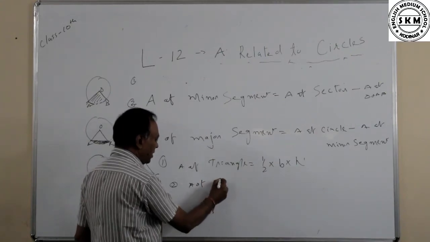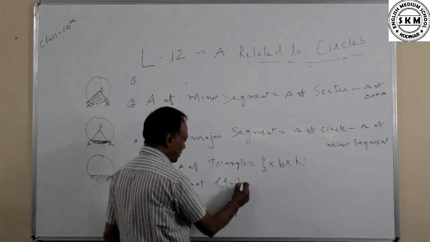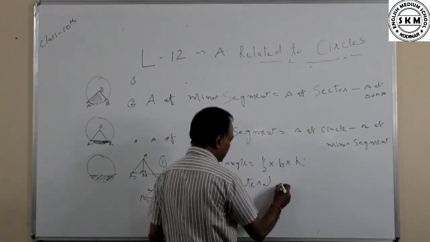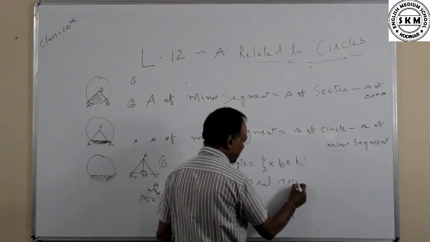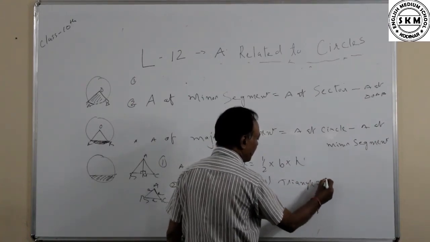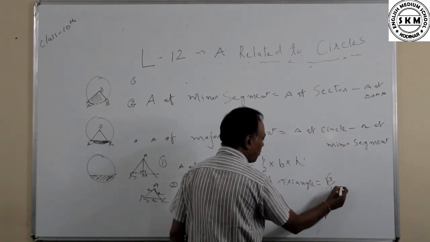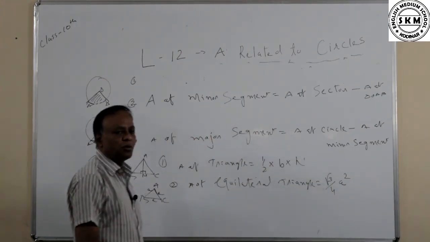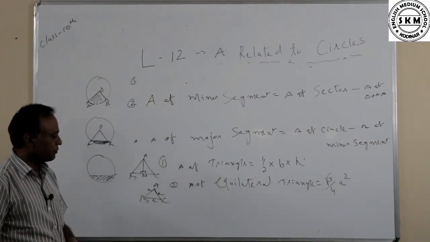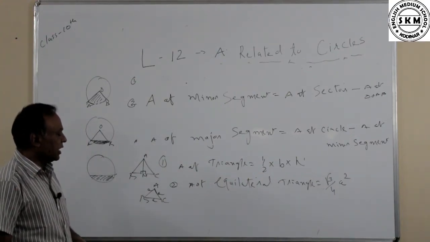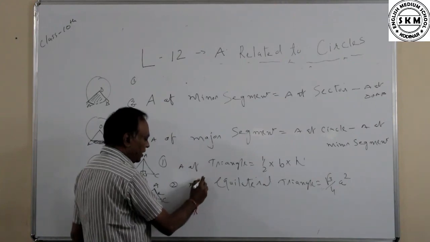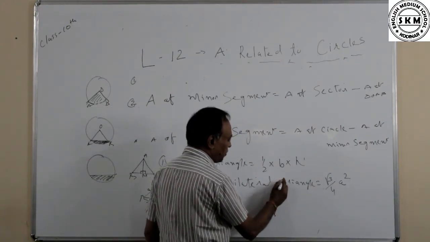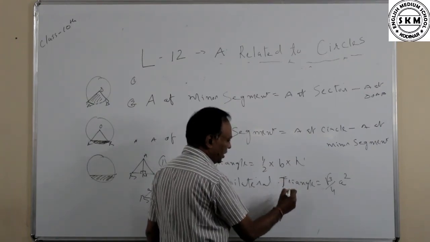Area of an equilateral triangle is equal to root 3 upon 4 a square, where a is the side.